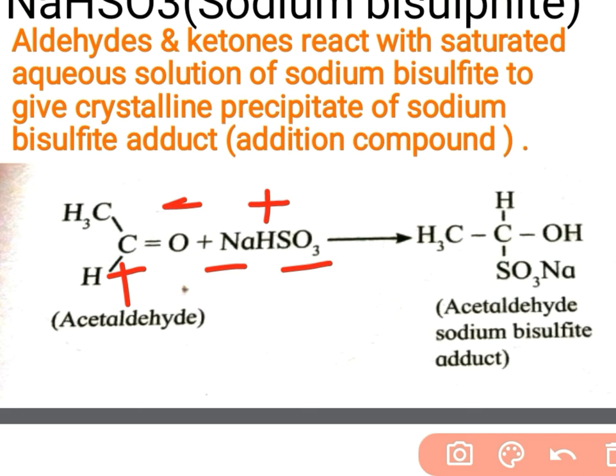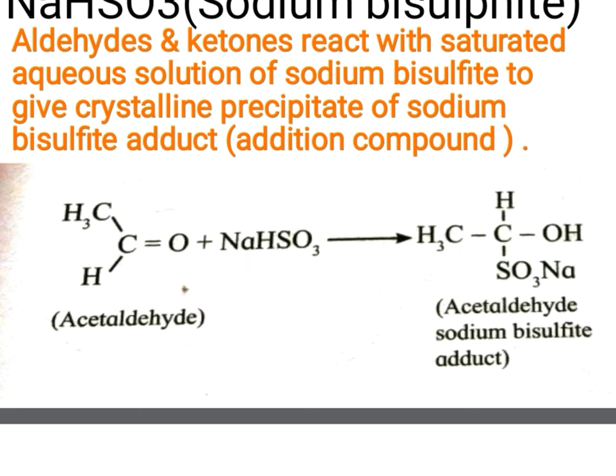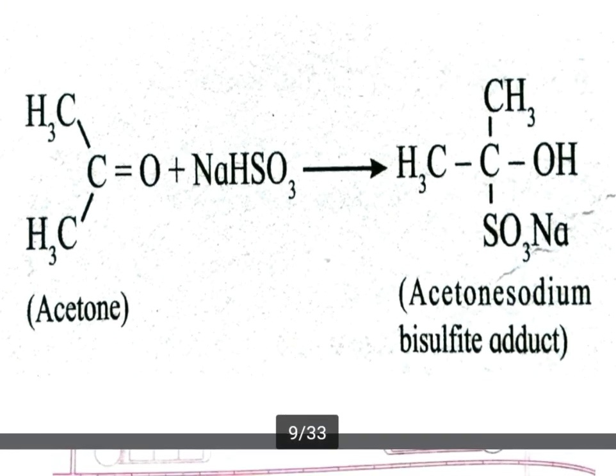Okay, so this is a short trick. Join the positive end towards the negative end and the negative end towards the positive end. Consider SO3Na as nucleophile or negatively charged species and H as positively charged species. So this is the short trick to remember the product. Similarly in case of ketone, here also NaSO3 is the negatively charged species and H is the positively charged species.